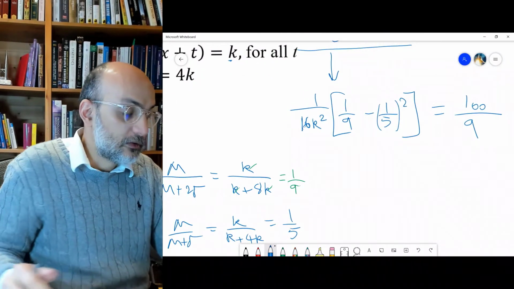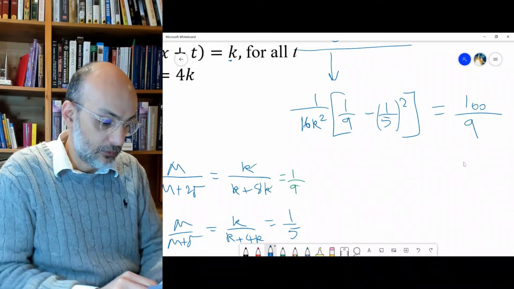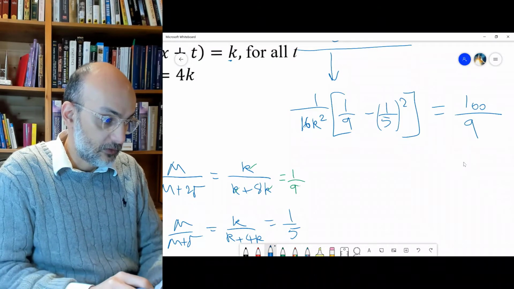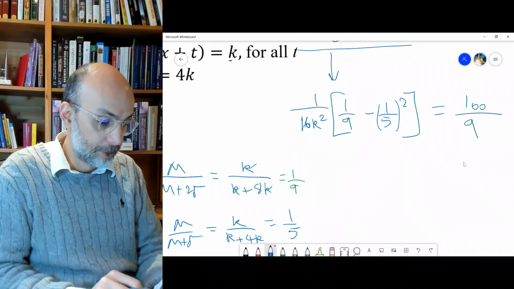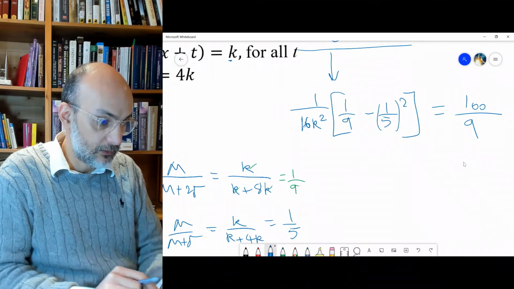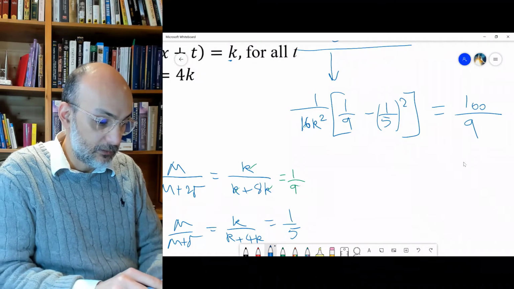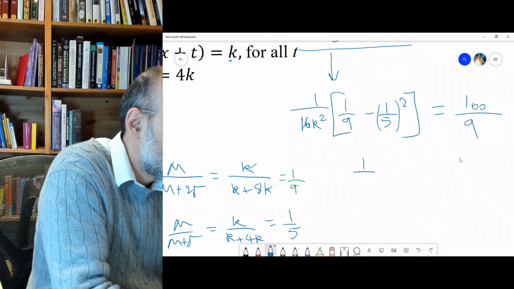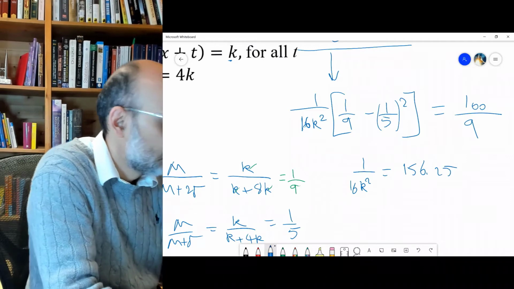Yeah, so let's do the calculation. 1 over 9, subtract from it 0.2 squared. Now you have 100 divided by 9, and now divided by this. Up to this point I got 1 over 16k squared, just to do it step by step, is equal to 156.25.